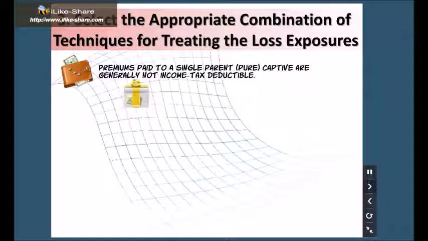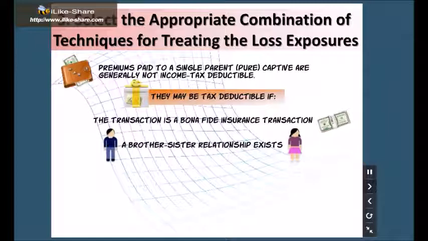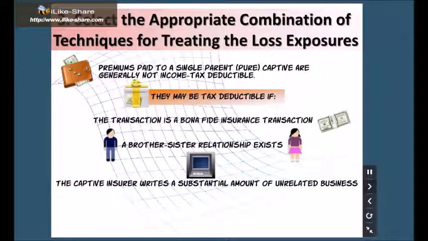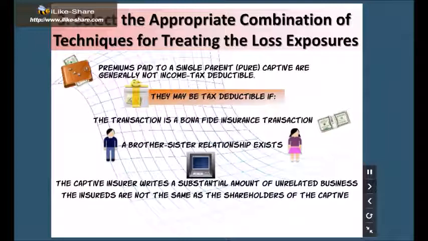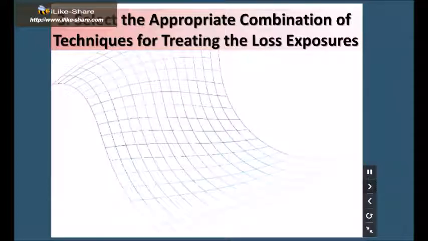They may be tax deductible if the transaction is a bona fide insurance transaction: a brother-sister relationship exists, the captive insurer writes a substantial amount of unrelated business, and the insureds are not the same as the shareholders of the captive. Premiums paid to a group captive are usually income tax deductible.